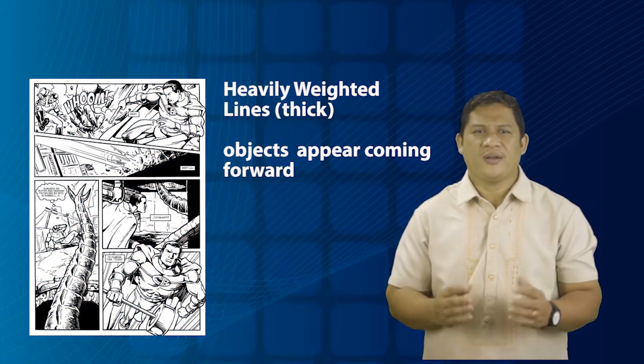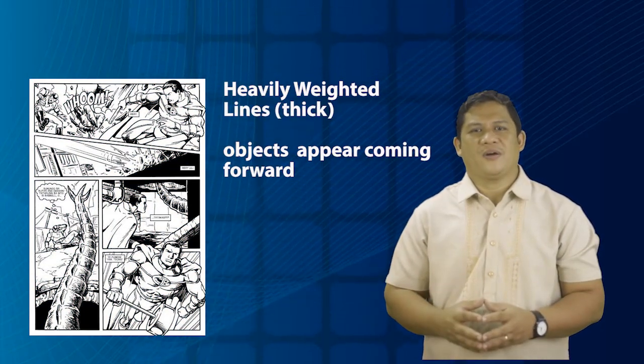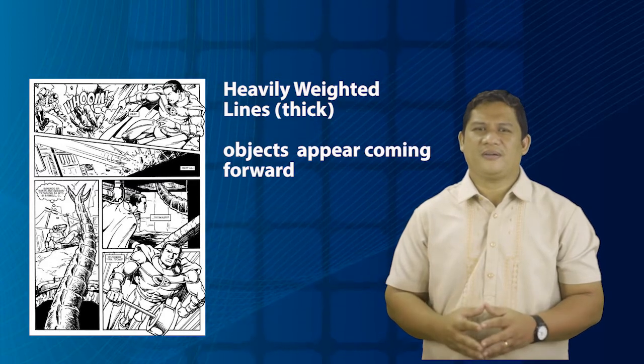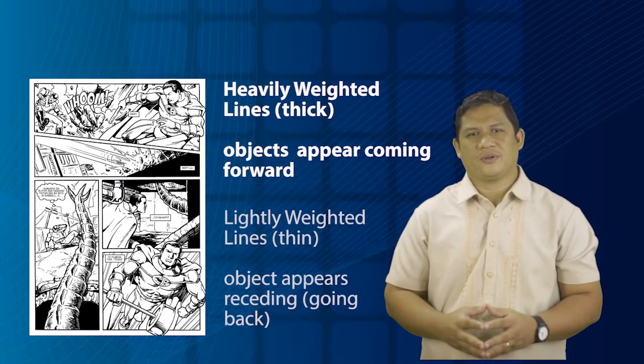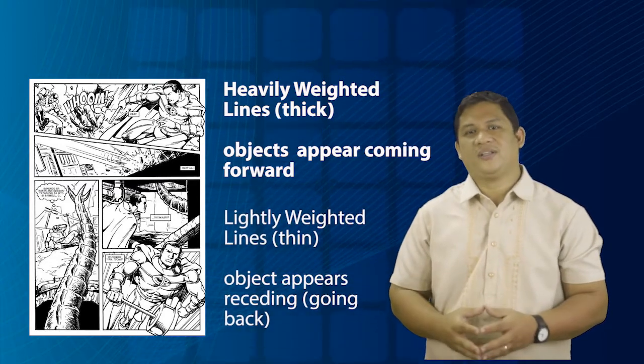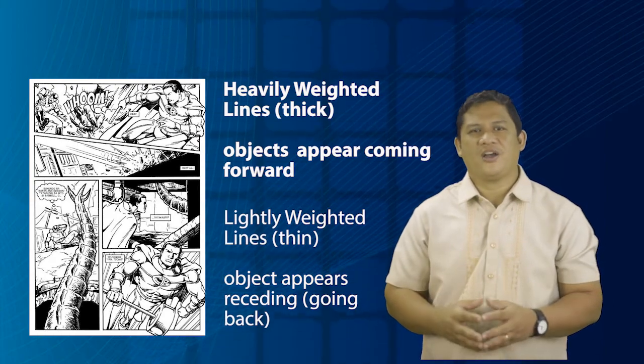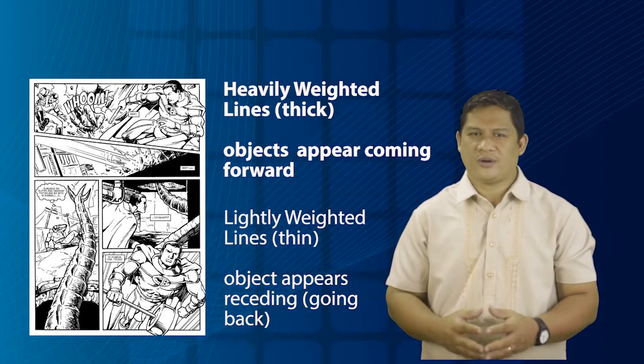Let us understand the line quality. With heavily weighted lines or thick lines, objects appear coming forward, while with lightly weighted lines or thin lines, the objects appear receding or going back.